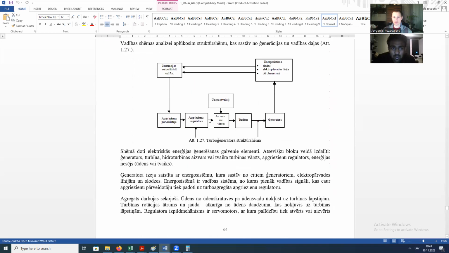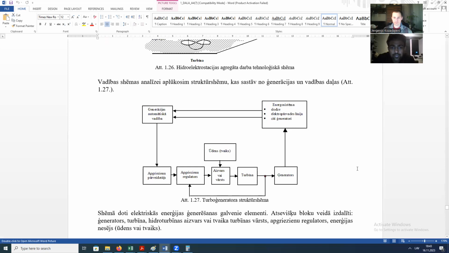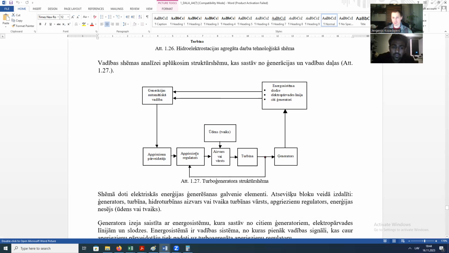And if we come here to the scheme, I recall all these units one more time. So this was our generator. This was our power system. This is a turbine. This is the valve. This is the steam. And this is rotation control.